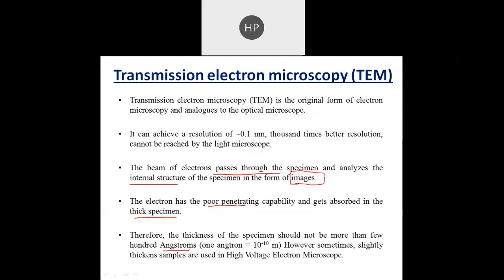So we have to prepare a very thin specimen for a transmission electron microscope, and preparing such a thin specimen is a very crucial and tedious job.